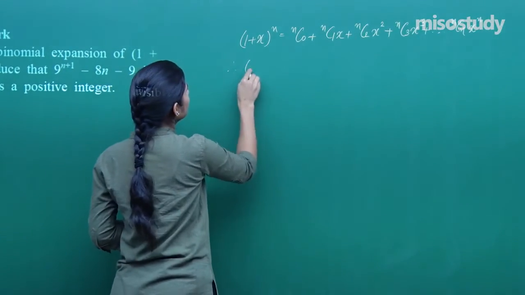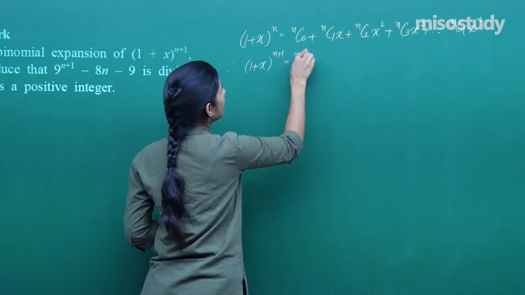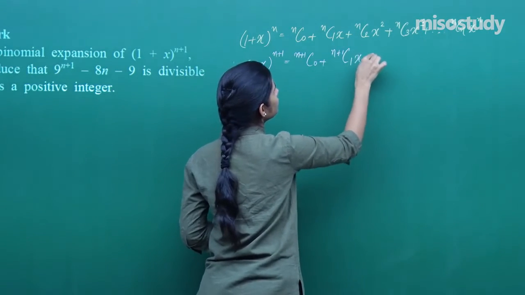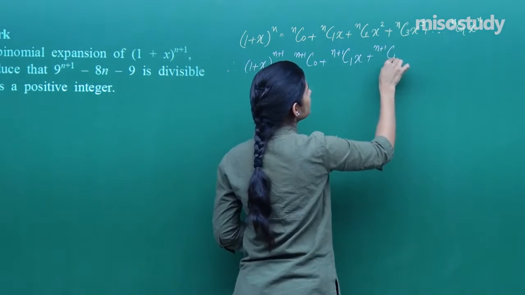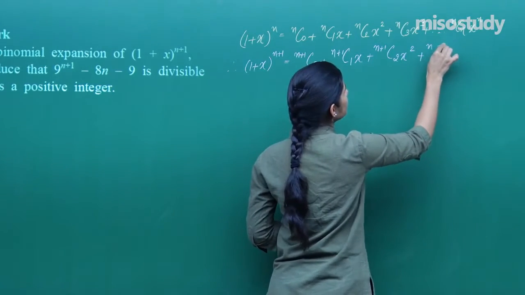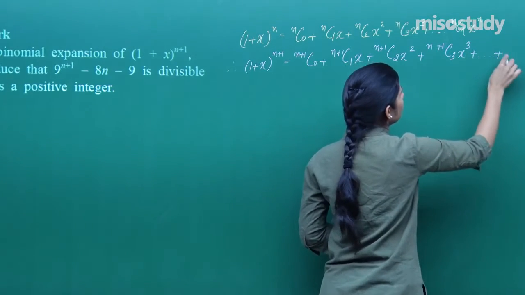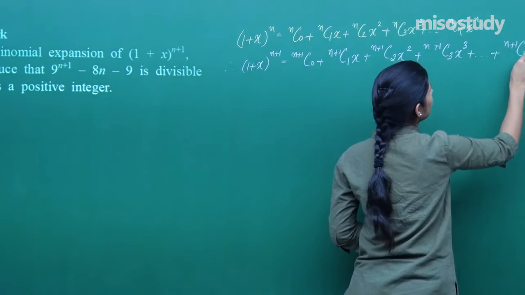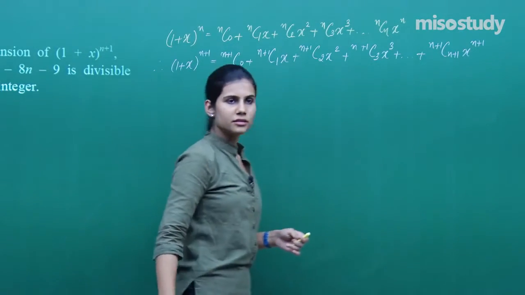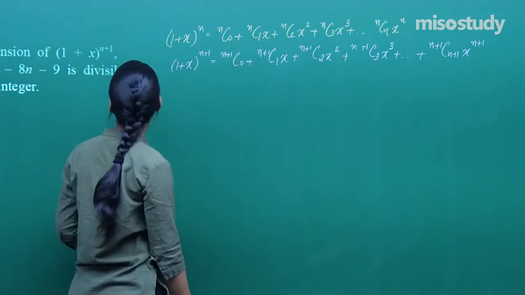Therefore, 1 plus x whole to the power n plus 1 will be n plus 1 c0 plus n plus 1 c1 into x plus n plus 1 c2 into x square plus n plus 1 c3 into x cube plus and so on plus n plus 1 c n plus 1 x to the power n plus 1. I just replaced n by n plus 1 and I have this expansion.